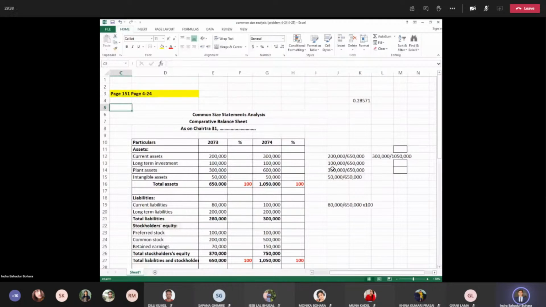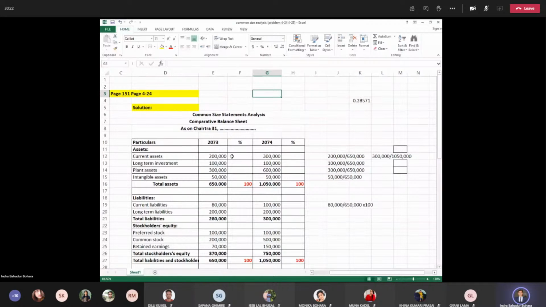Comparative balance sheet and comparative income statement for 2073 and 74 are given. Required: evaluate the company's performance using common size or vertical analysis. On the top, you write down common size statement analysis. Comparative balance sheet, we are given the balance sheet first.